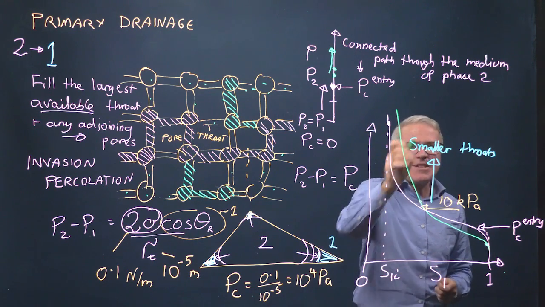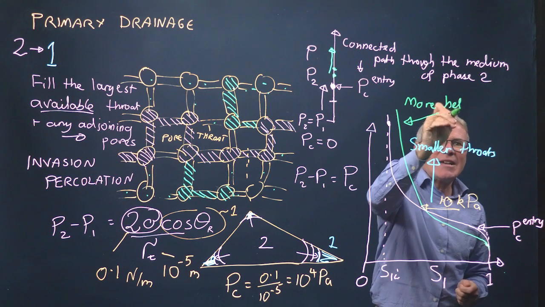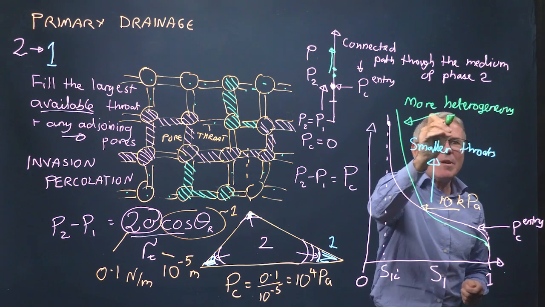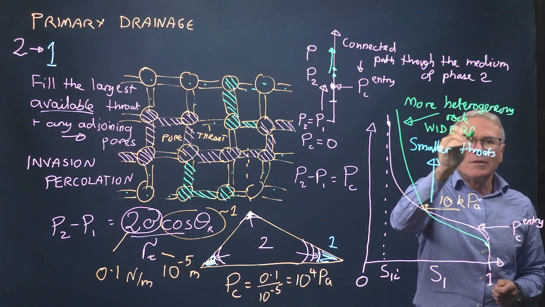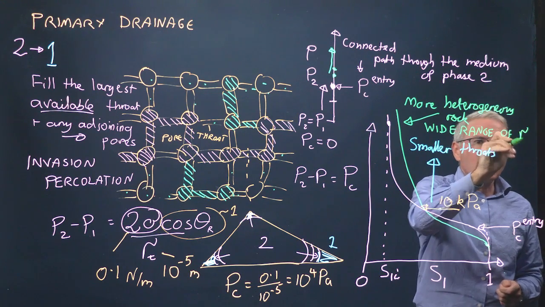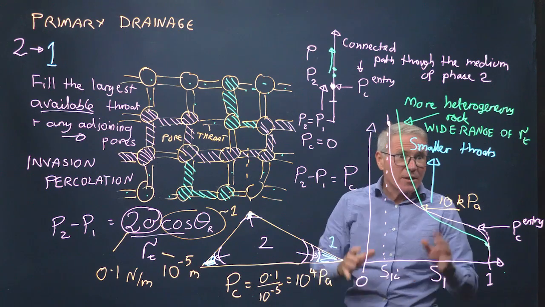So something like this would be a more heterogeneous rock. And what I mean by this is a wide range of throat sizes. Okay. So that concludes this video.